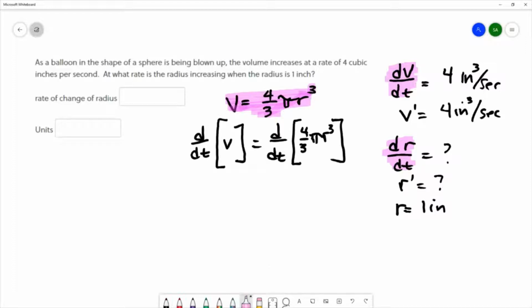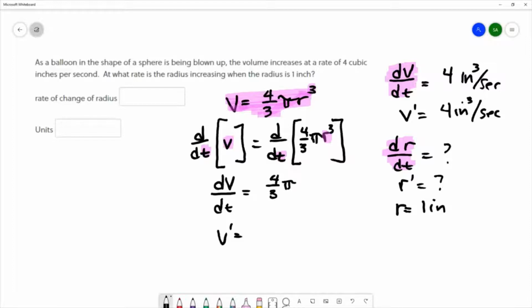My variables don't match here, so I'll write this derivative as dv dt, or if you prefer, v prime. On the right-hand side, these variables don't match, so I'm going to have to chain when I calculate the derivative. That's 4/3 pi, a constant multiple that we're carrying down.